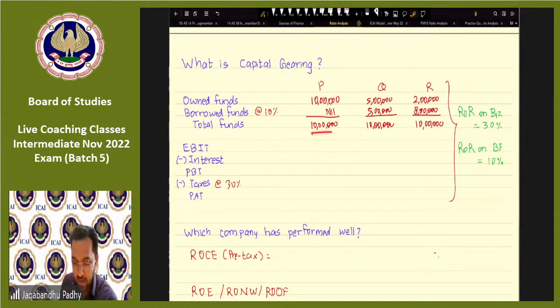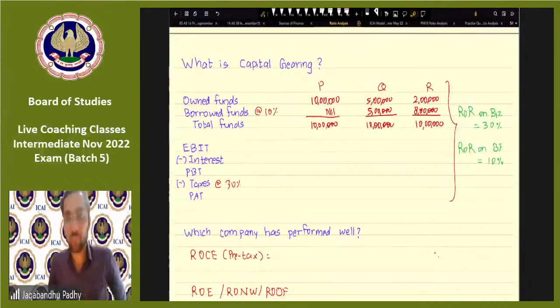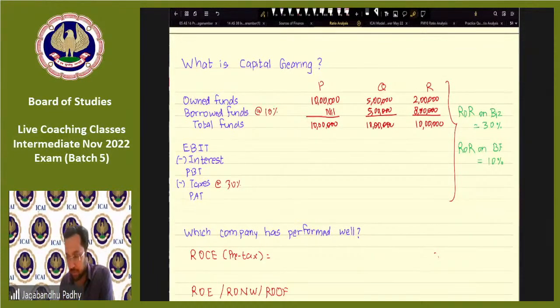If you have invested 10 lakh, you will get a return on 10 lakh as a business entity, whether you put in your own money or borrowed money. So all three companies will have the same level of EBIT.